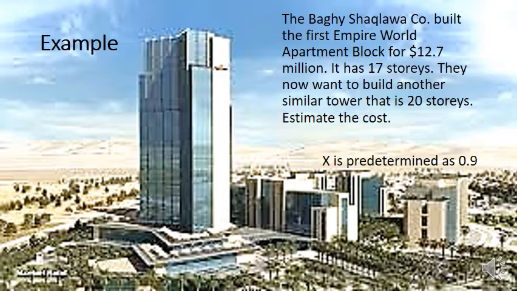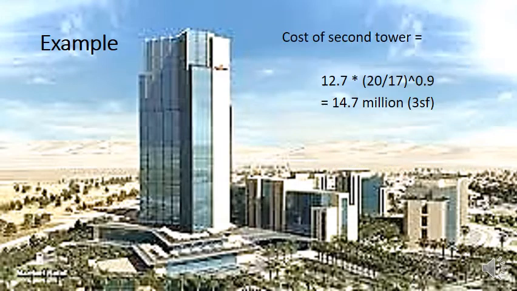Now, estimate the cost, and you've been given some information here. The predetermined exponent is 0.9. Remember, it's always going to be less than 1 because the curve has to curve downwards because of economies of scale. So how do we work that out?